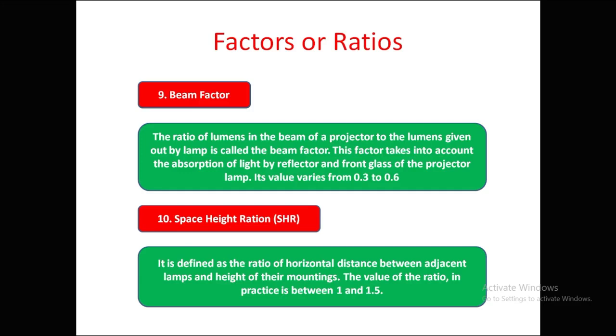This is also a very important thing. It is defined as the ratio of horizontal distance between adjacent lamps to the height of the mountings. The value of this ratio in practice is 1 to 1.5.